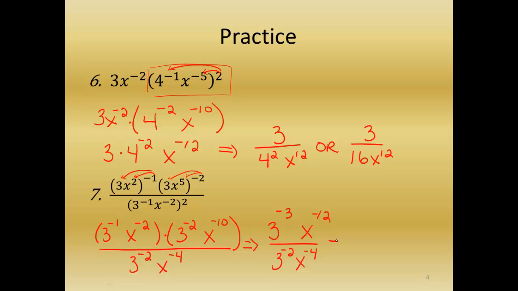It's now a division problem, so I'm going to subtract my exponents. Negative 3 minus negative 2 is negative 1. Negative 12 minus negative 4 is negative 8. Last thing I want to deal with are the negative exponents, and so I do a reciprocal, and I get 1 over 3 x to the 8th.